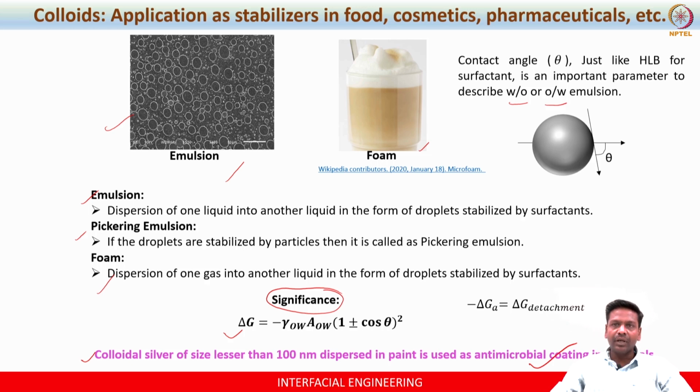It can keep the surface away from bacteria and other microorganisms, right? So, that is one important thing. This is actually the latest development that took place in the paint industry, right?